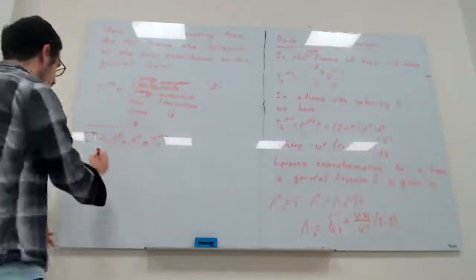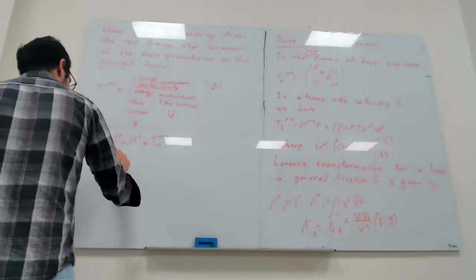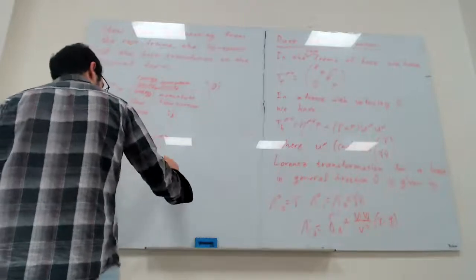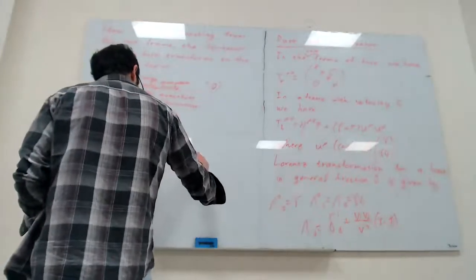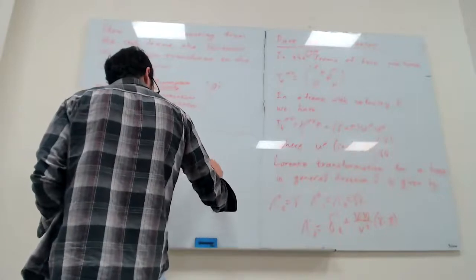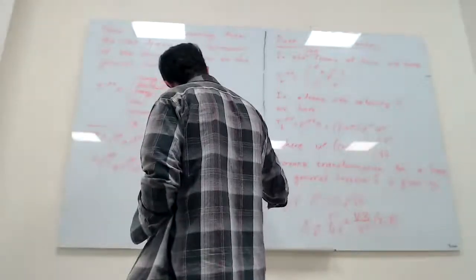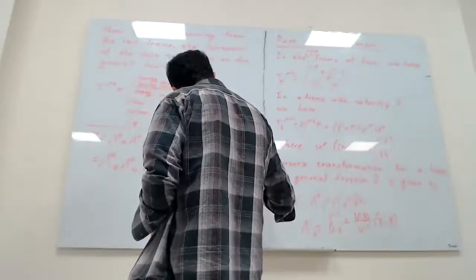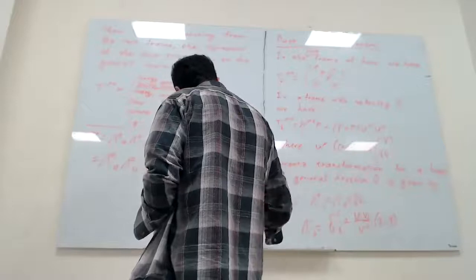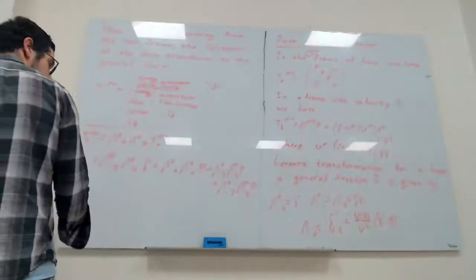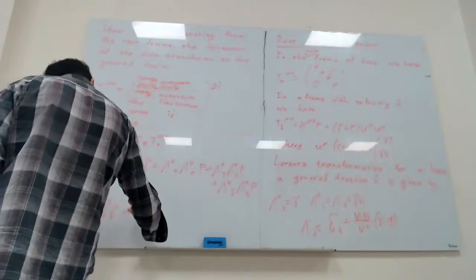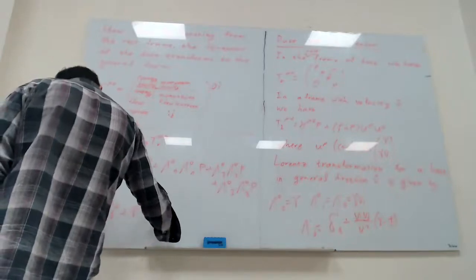So we get lambda 0,0 lambda 0,0 rho, plus lambda 0,1 lambda 0,1 p, plus lambda 0,2 lambda 0,2 p, plus lambda 0,3 lambda 0,3 p. This is very simple. It gives us gamma squared rho plus gamma squared v squared p.